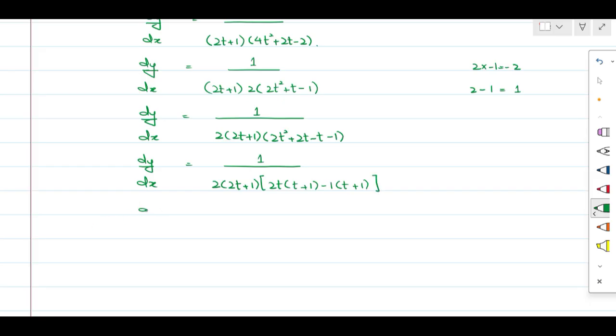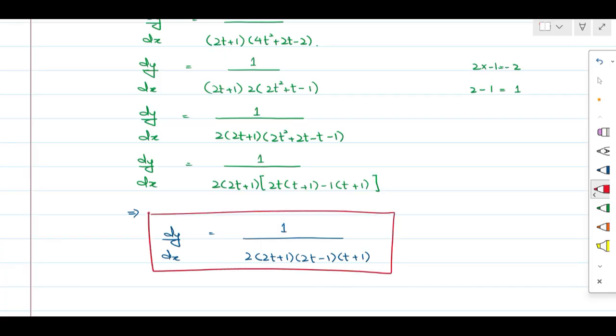Now the simplified expression for dy over dx in terms of t: the numerator is just 1, divided by 2 into (2t plus 1), (2t minus 1) is a factor, and (t plus 1) is a factor. So this is the simplified expression for dy over dx.